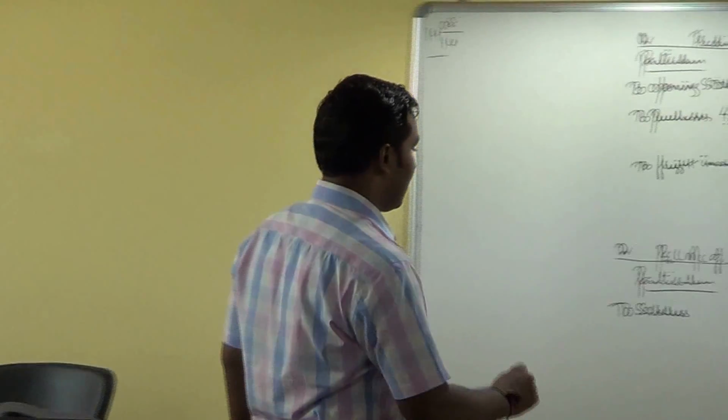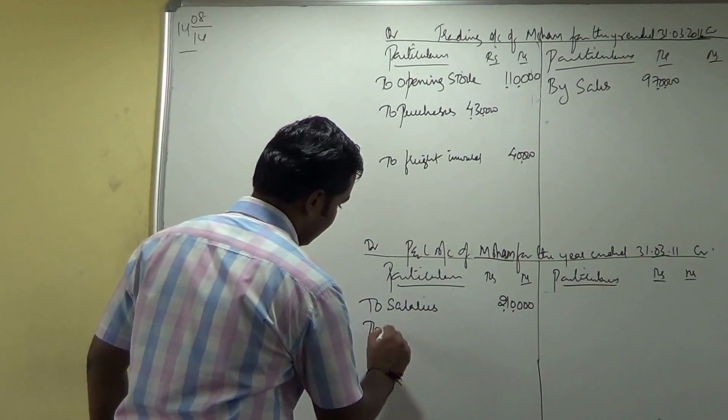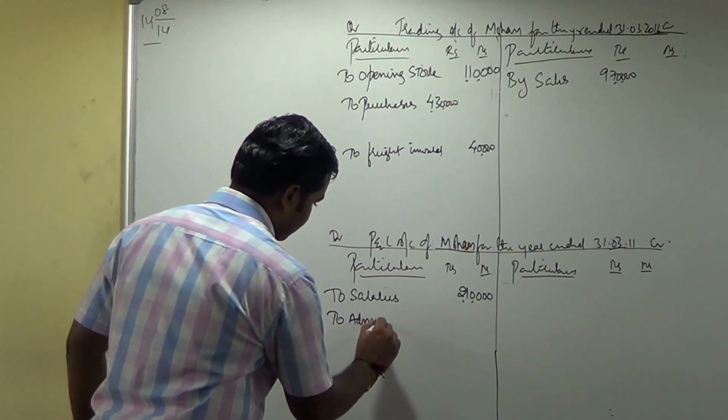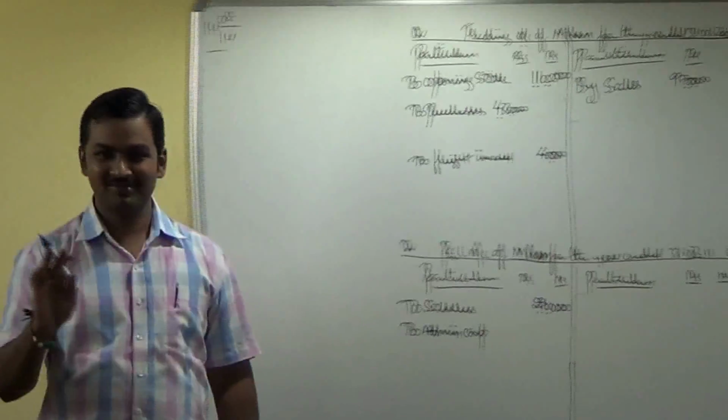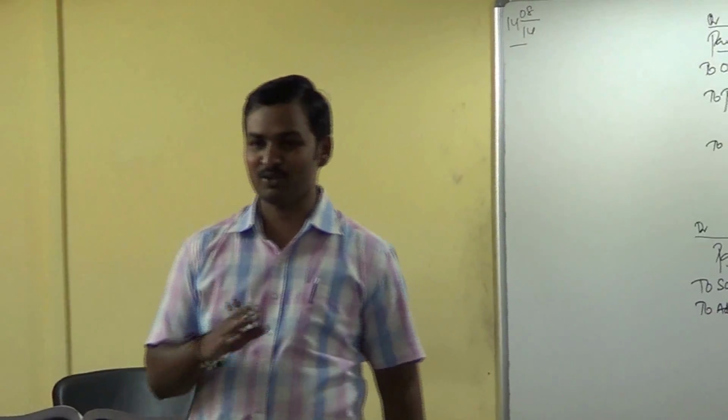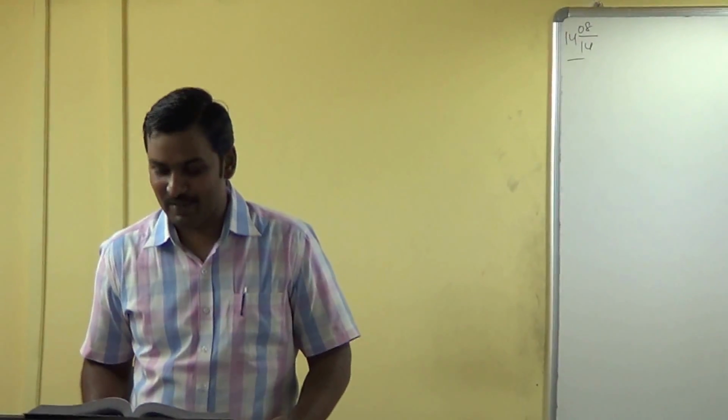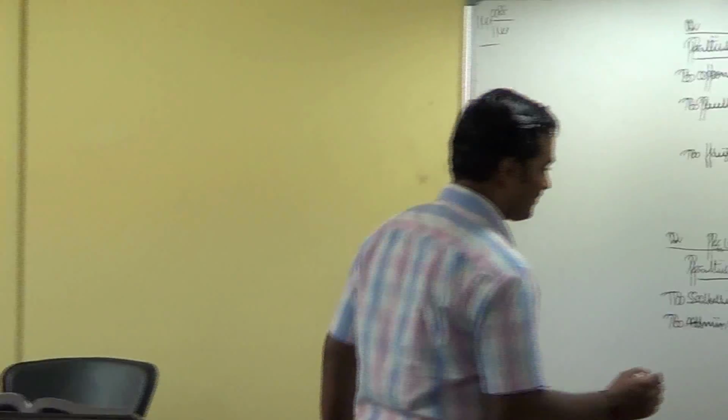Where do we show? Profit and loss account. Indirect expense. Don't feel very happy that we are doing a very easy problem. We'll take up all difficult concepts also. To administration expenses, 1,50,000.